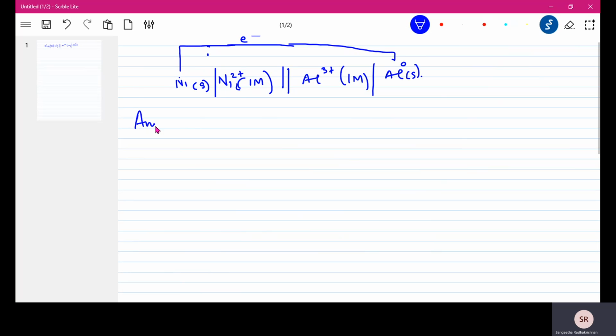Anode reaction लिखते हैं पहले. Anode reaction, we know that at anode what is happening is oxidation. Oxidation means nickel is losing 2 electrons to form nickel 2 plus. Okay, then reduction at cathode.